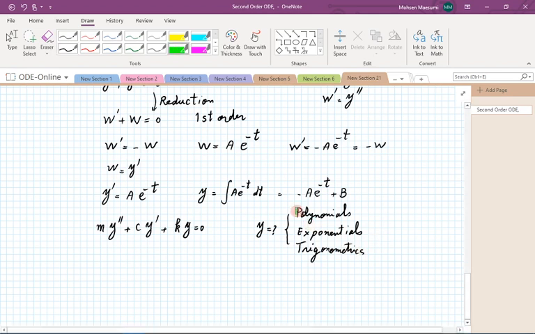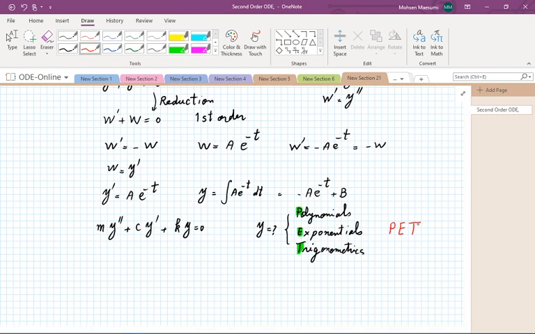Isn't it nice that the acronym spells PET, and these functions that we are going to work with are as nice as pets. So we are going to have pretty much the semester revolving around these three types of functions.